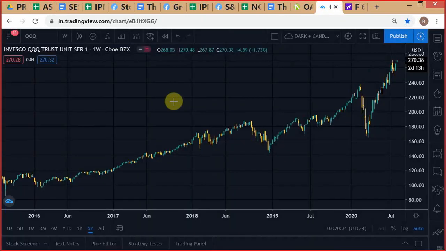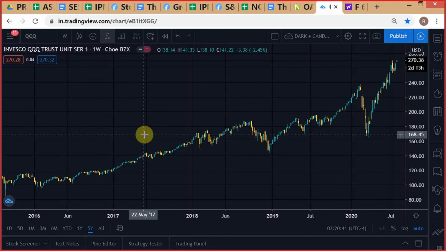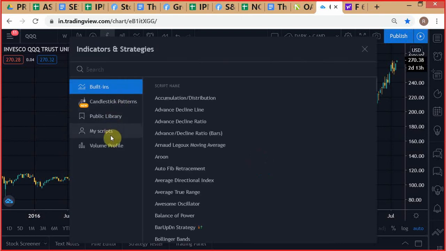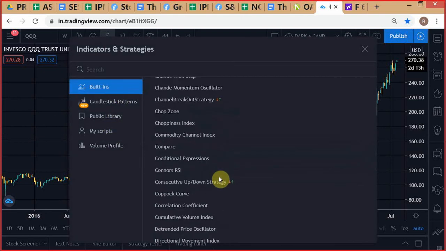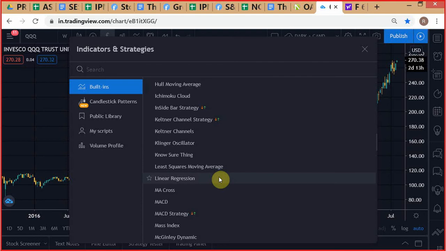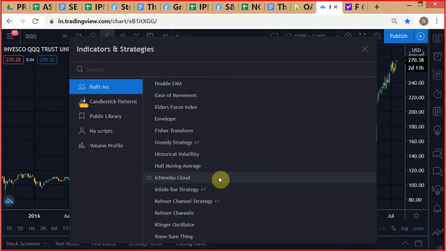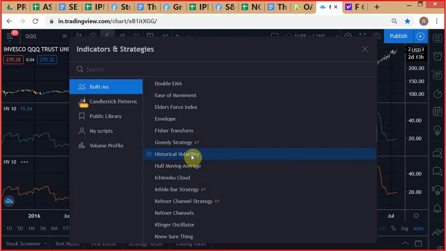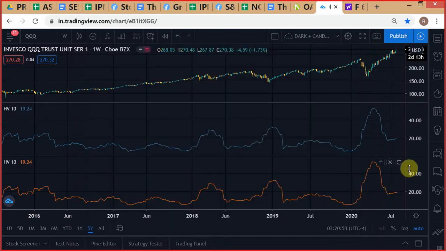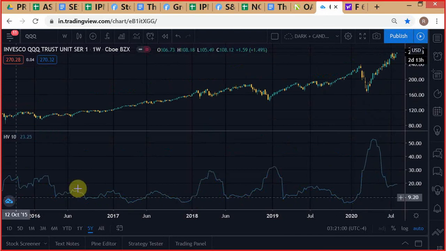We have this QQQ. Just historical volatility.